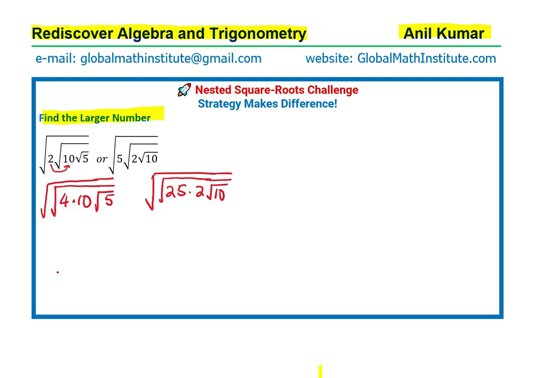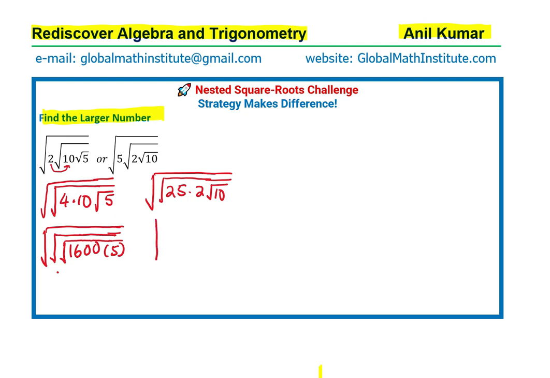Correct. Let's repeat this process. So clearly we have 4 times 10, and we are taking the square root inside with 5. So it becomes the square of this, which is 16 times 100, so let me write 1600 times 5. That's what you get within the square root.